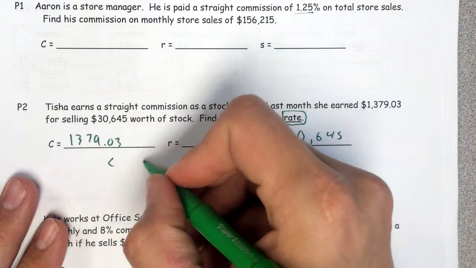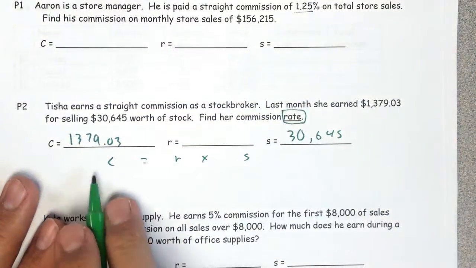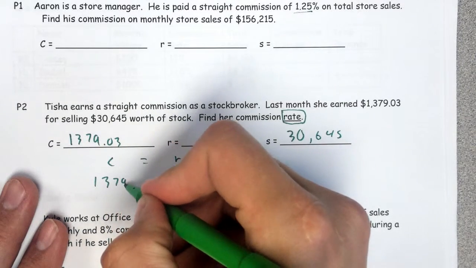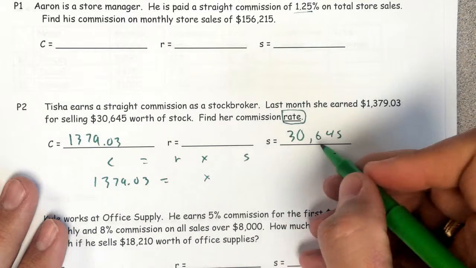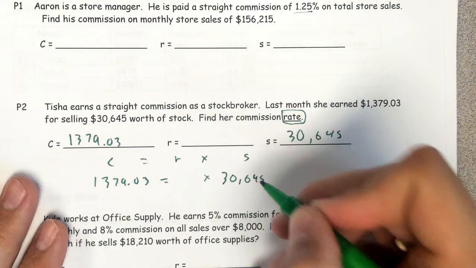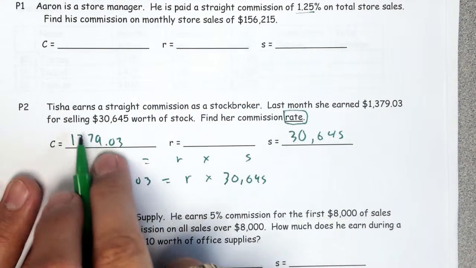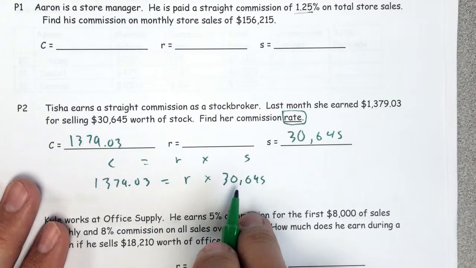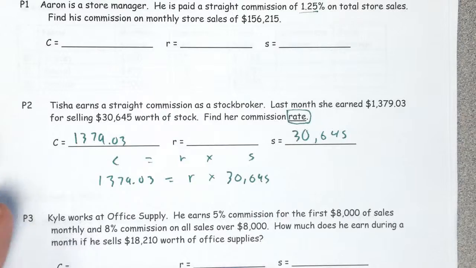My formula we're using was C equals R times S. We know C. We don't know R, but we do know how much we sold. To find R, we're just going to divide these two. The opposite of multiplying is dividing.